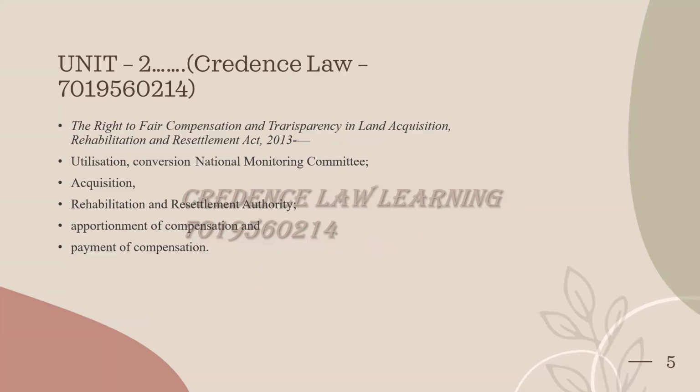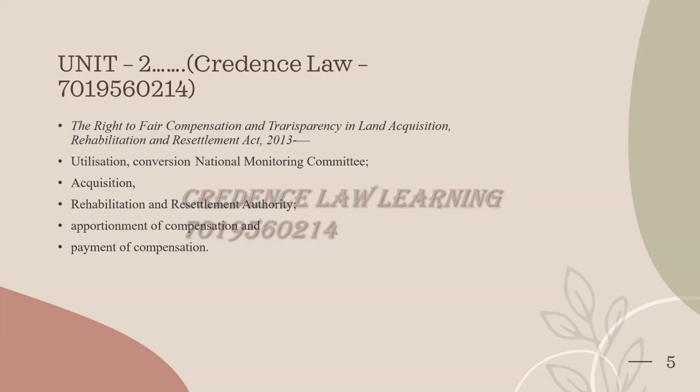When we talk about this monitoring committee, we have monitoring committees in two jurisdictions. One is at the national level, the National Monitoring Committee for Rehabilitation and Resettlement, given in section 48, and section 50 deals with the State Monitoring Committee for Rehabilitation and Resettlement. That is the first concept.